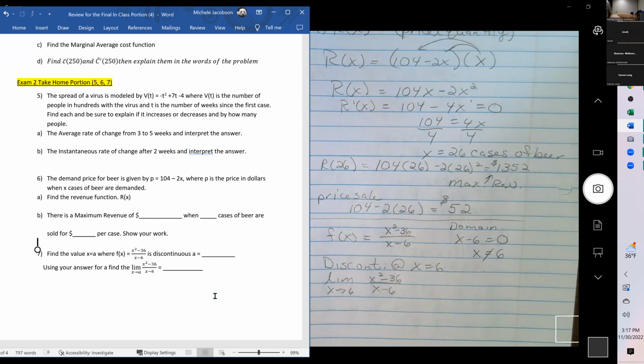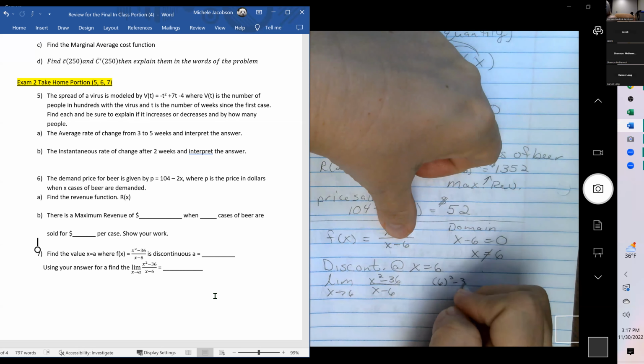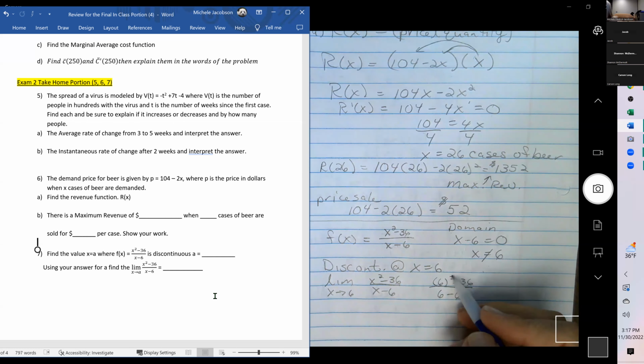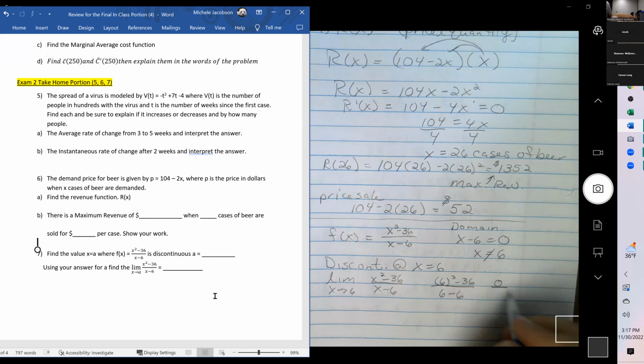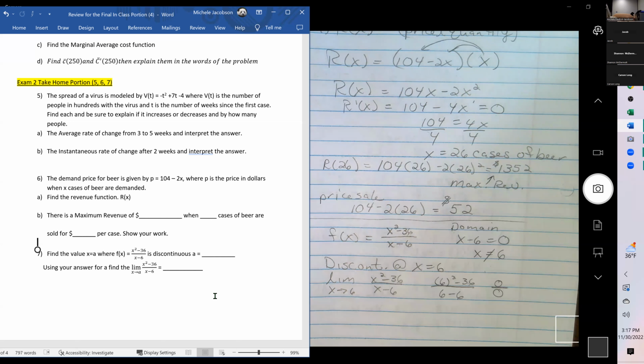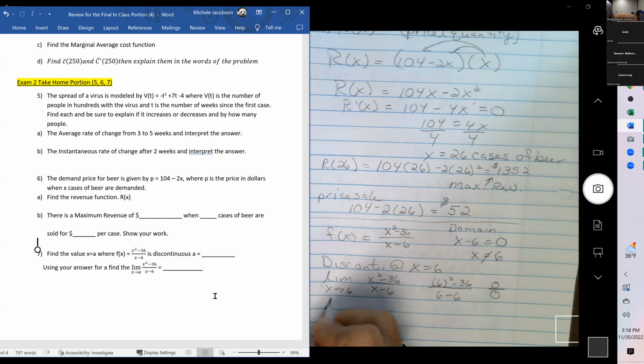In this case, when we plug in 6, six squared is 36, minus 36 is 0. 6 minus 6 is 0. So that means there's a common factor in there, and we need to factor and reduce. When you plug it in and you don't get an answer, then you got to go back and work with it. And 0 over 0 tells you there's a common factor.